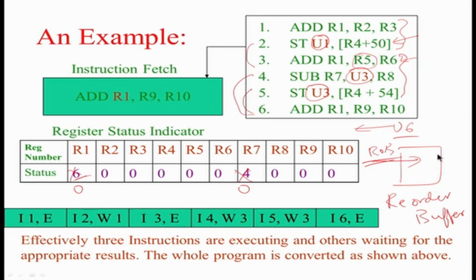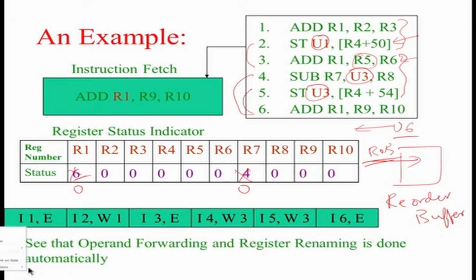For example, in our case I1 will finish, then I3, then I6, I1, I3, I6 will finish in one slot. So I1 will be here, then there will be one gap, then I3, then 2 gaps, then I6 will be here. Then your I2 will finish, I2, I4 and I5 also can finish, I2 is a store, maybe I4 can finish and so on, right.